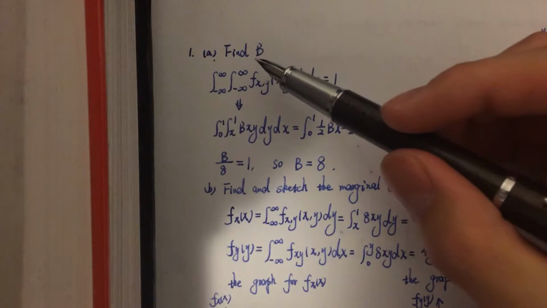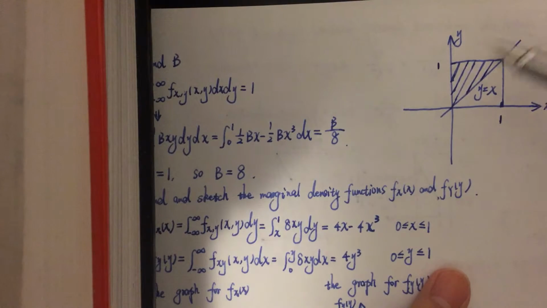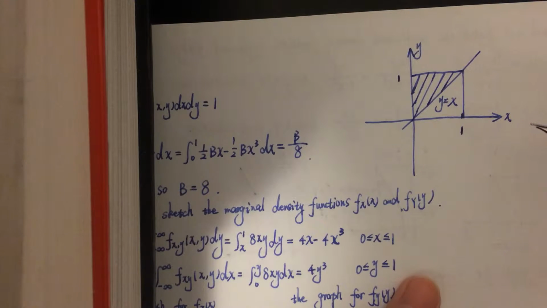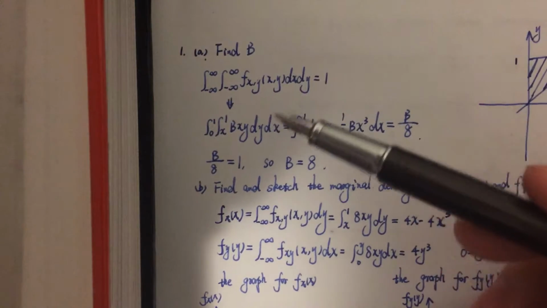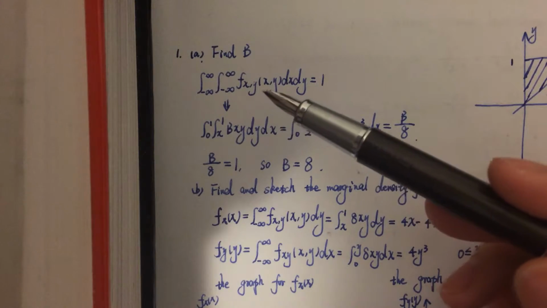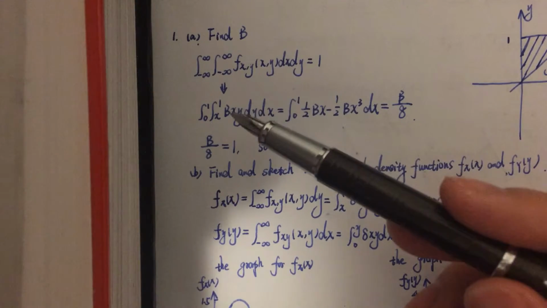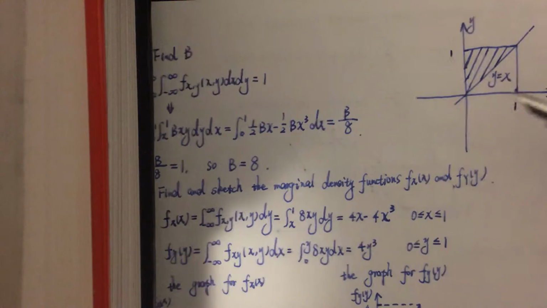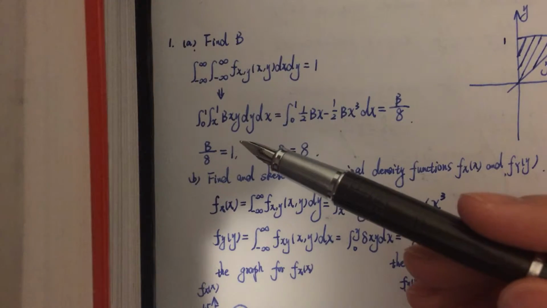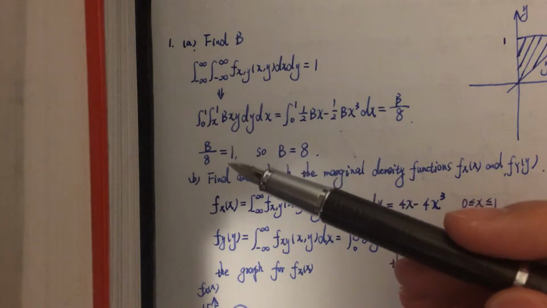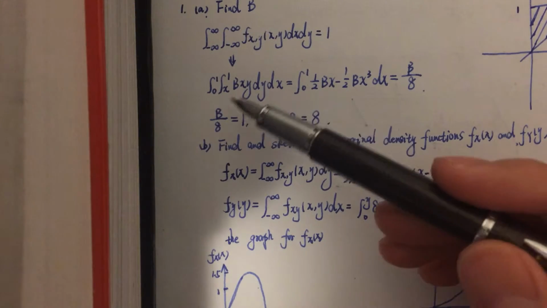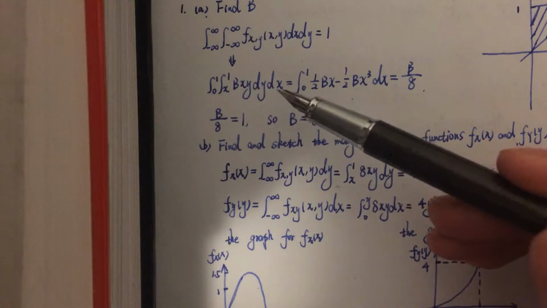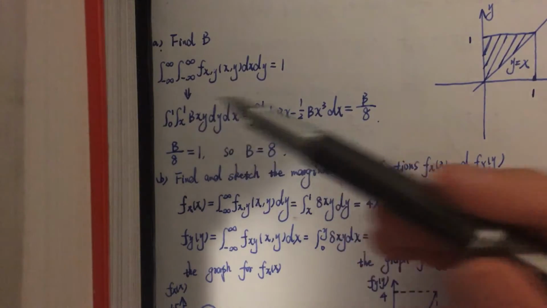The first question is to find b, and the graph for the region is like this. First we need to integrate f(x,y), and according to this graph, we can set the limit of the integration for y from x to 1, and for x from 0 to 1.